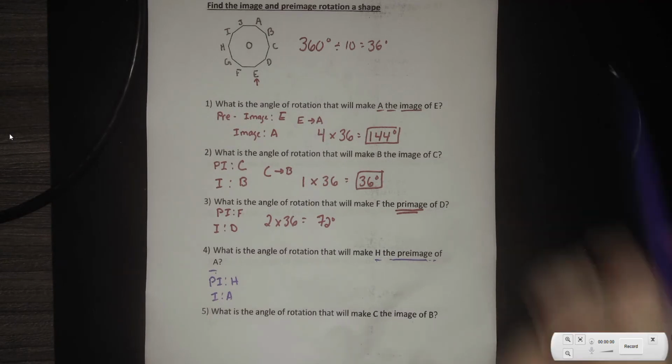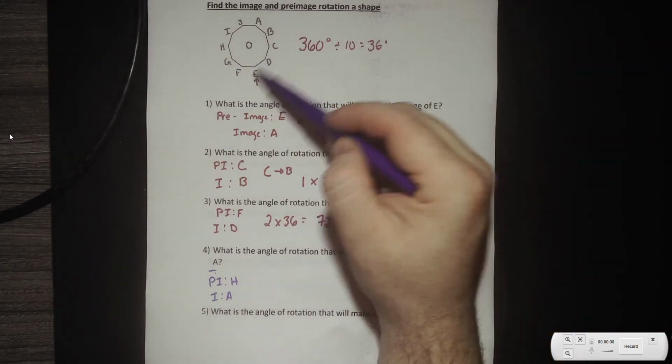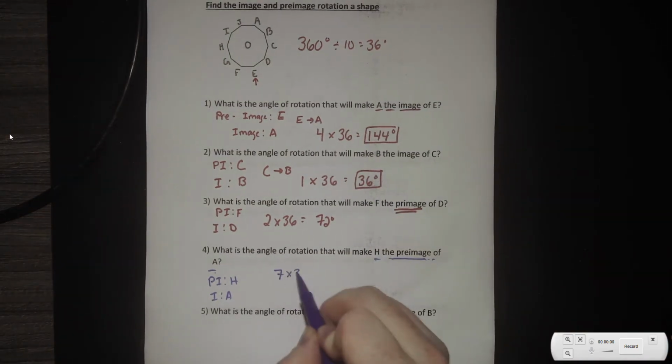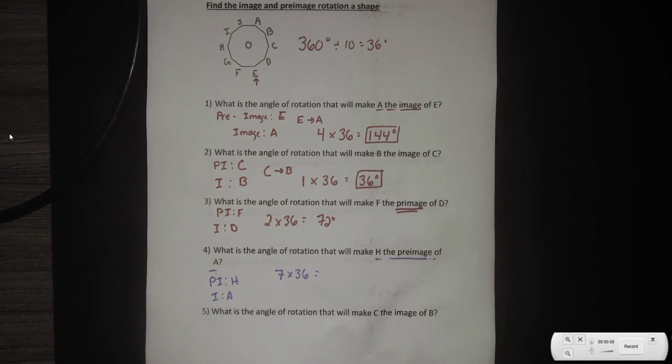Once again, we're going to go around, so from H, 1, 2, 3, 4, 5, 6, 7 to A. 7 times 36 is, let's see, well, 5 times 36 would have been 180, and so 2 more would be 72. So 180 plus 72, that would be 252.